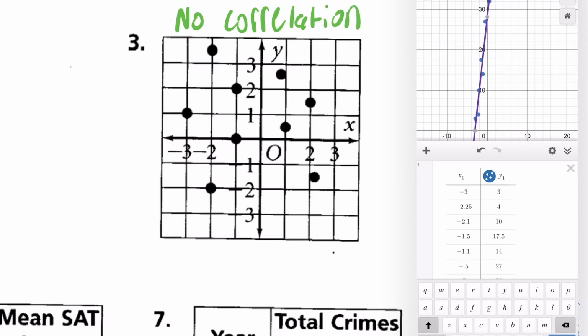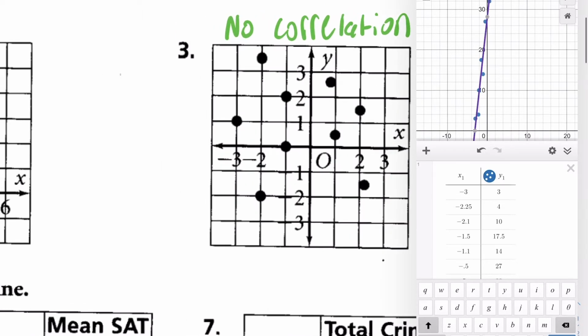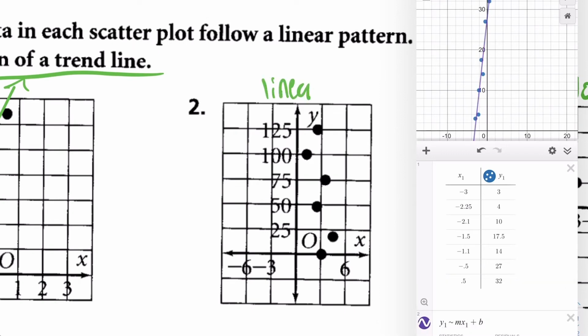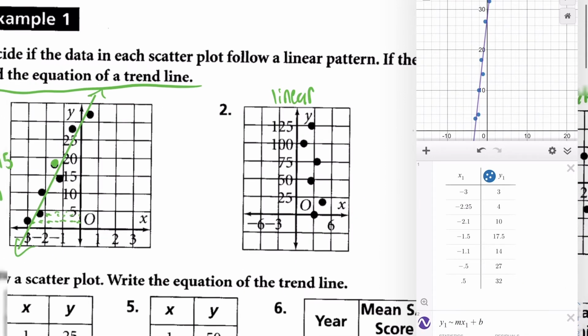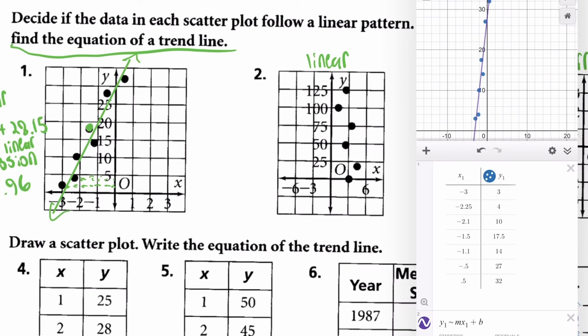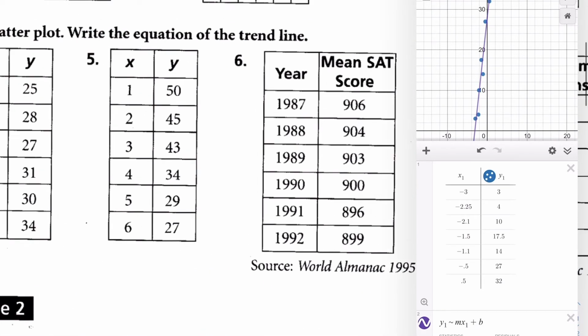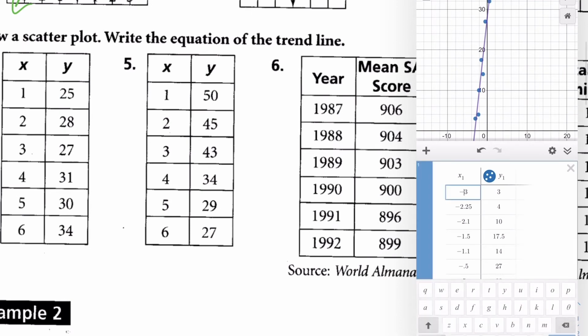That is not linear, those points. This one is linear, and we could find the equation for it, but since it would be just like how we did for number 1, I won't do it. Just go ahead and do the equation for, okay, I'll do number 5 and then I'll do number 6.